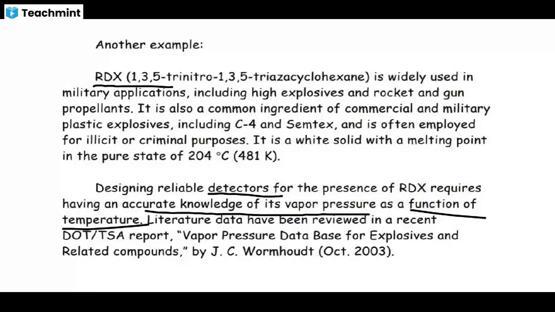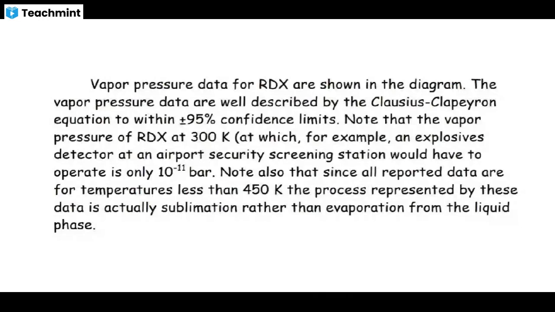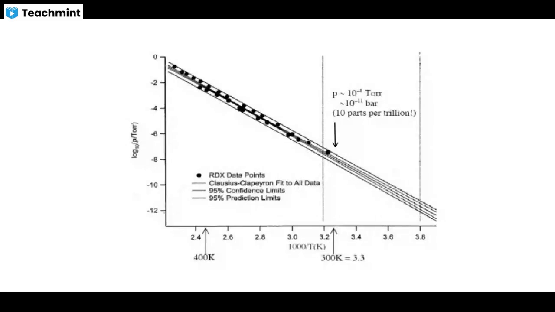The vapor pressure data for RDX are shown in the diagram. This is the vapor pressure diagram: RDX data points in dots, the Clausius Clapeyron fit, and 98% confidence limit and 98% prediction limit. This is at 300 Kelvin.